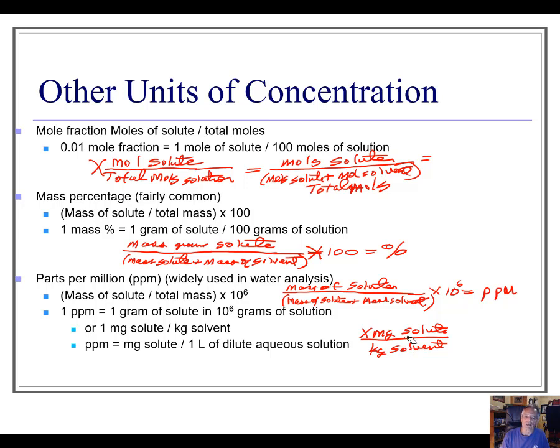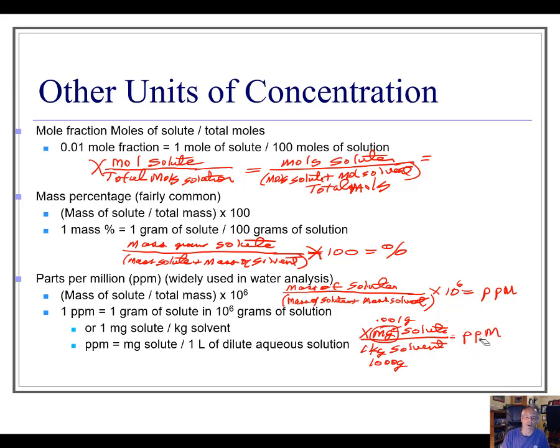The solute is going to be a very small contribution to the total solution. One milligram is 0.001 grams, and 1 kilogram is 1,000 grams. Dividing 0.001 grams by 1,000 grams, what you wind up with is parts per million. And I'll show you how that works.